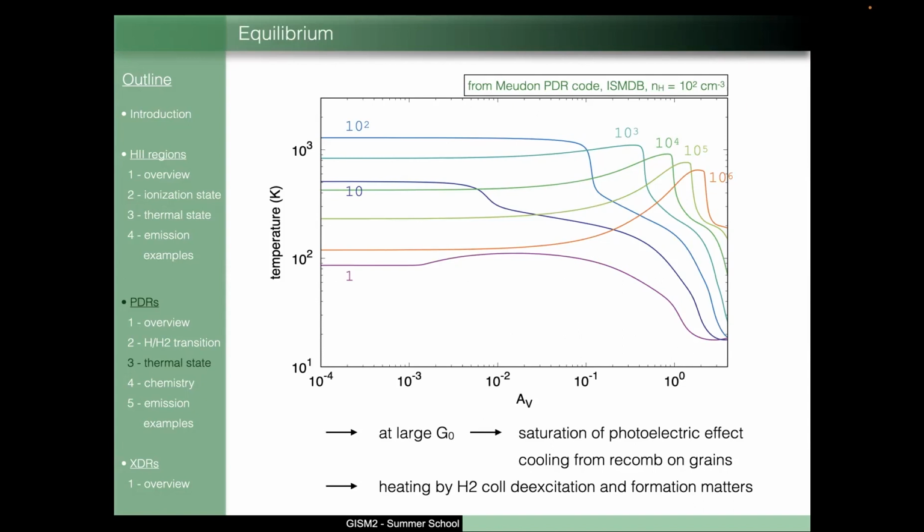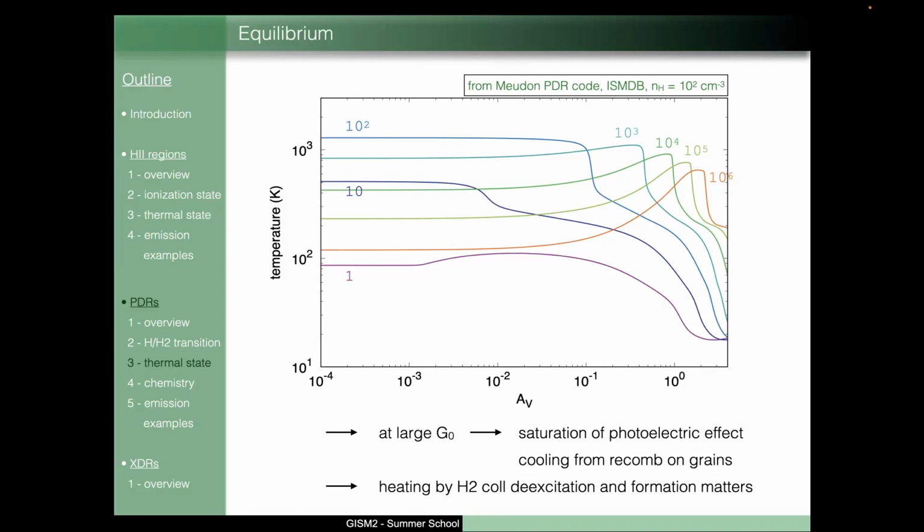Then another aspect that we can see on this figure, so we have understood the border temperature, is that there seems to be some kind of bump of temperature at some point in the PDR. In fact, this bump in temperature is entirely linked to the H-H2 transition.